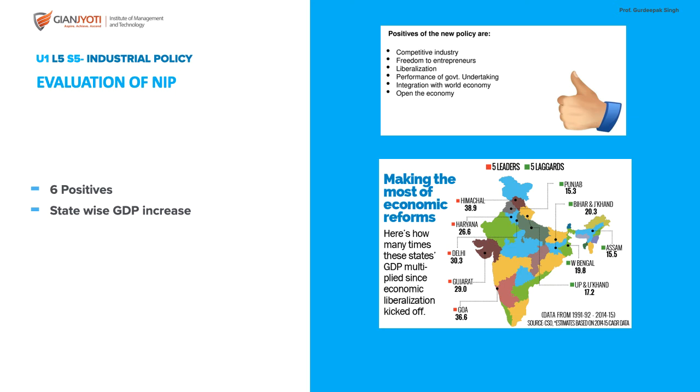Punjab 15.3, Bihar and Uttarakhand 20.3, Assam 15.5, West Bengal 19.8, UP and Uttarakhand 17.2. So if I look at the lowest figure, which is Assam, which is 15.5 times, that in a way is huge, and no one has done that anywhere in the globe.